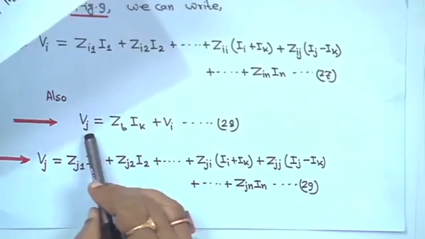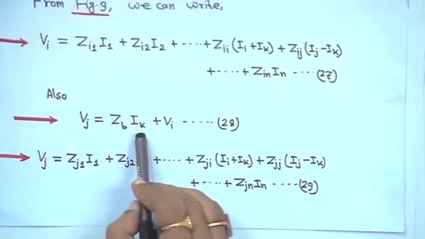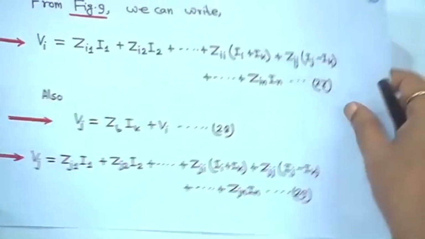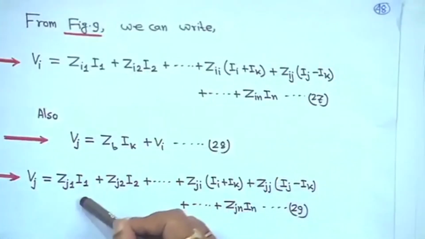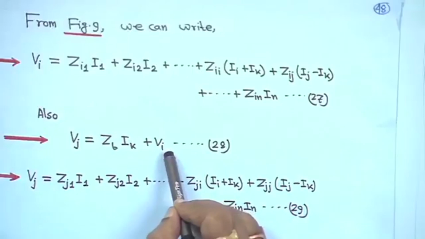So, this expression is equal to this one plus this expression. Vi is there, Vj is there and this expression is there.